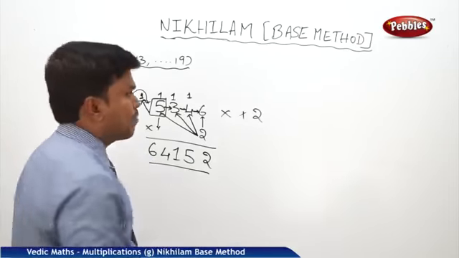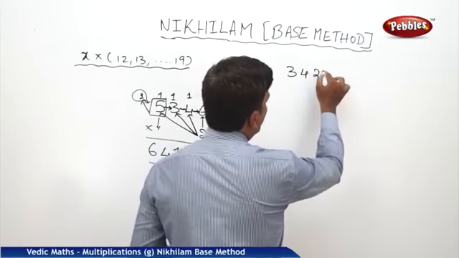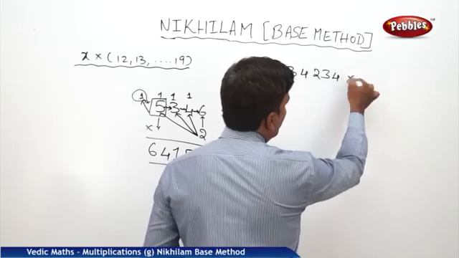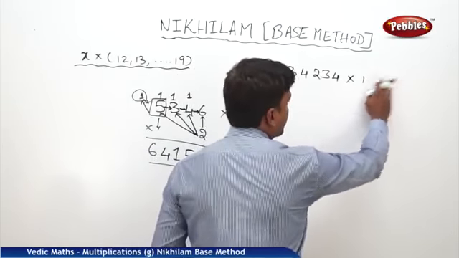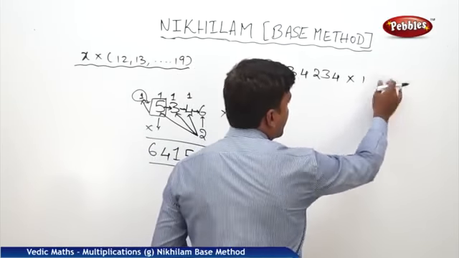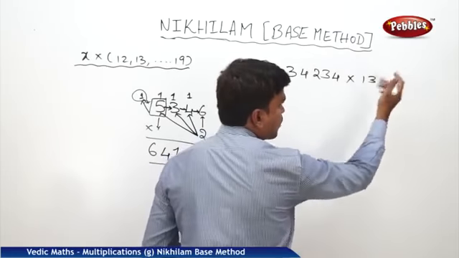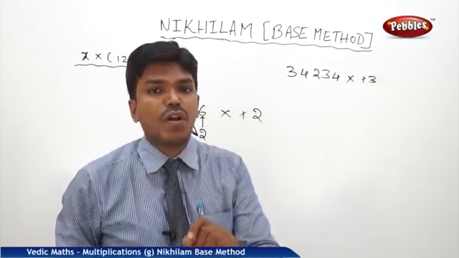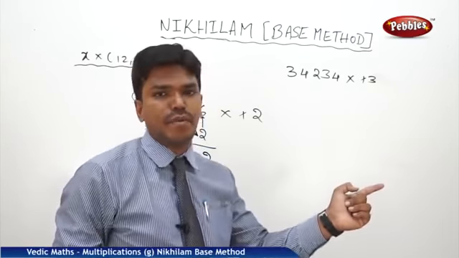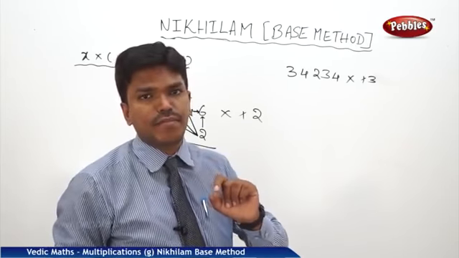Let us take one more example. Suppose I want to multiply 34234 into 13. This time we will take 13. Since the 3 is on the right side of the 1, that is why every time we are adding the right side digits immediately after multiplying the numbers and adding the carries.